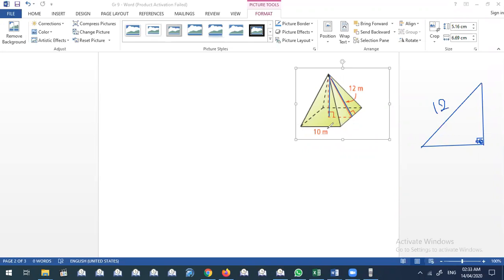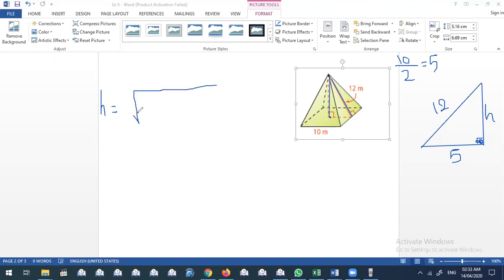Now, the base length is 10, so I'm going to put here 5 because 10 divided by 2 is 5. You have to divide by 2 because the normal height is perpendicular from the midpoint. Now we need to find the normal height by using Pythagoras again.